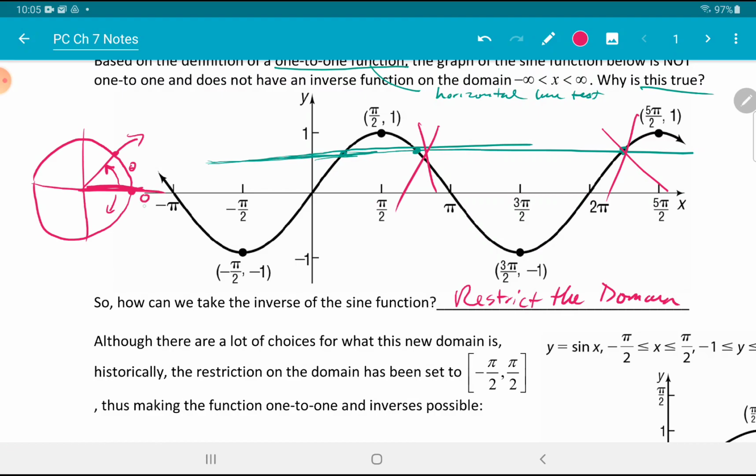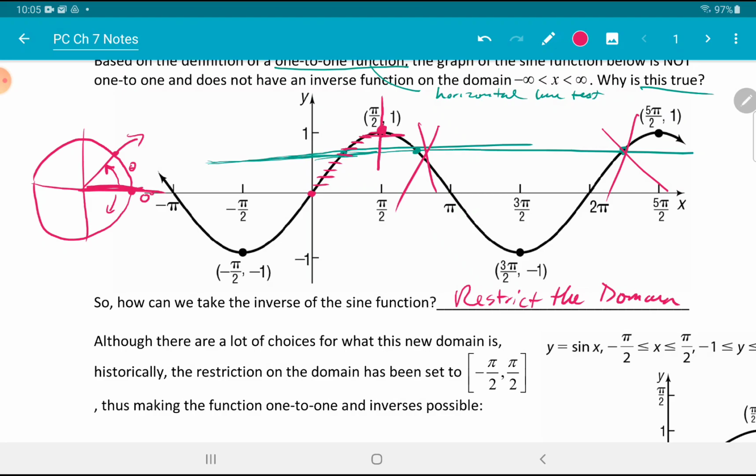So we do need to start at the value of 0 degrees or 0 radians, and if this is our starting location, as you pass that horizontal line, the spot where you stop passing the horizontal line test would be at this location here.